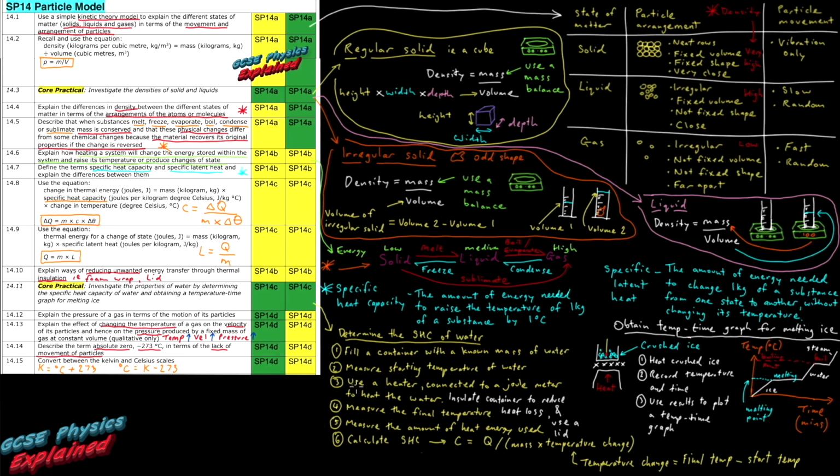For your 3rd mark, use a heater connected to a joule meter to heat the water. Measure the final temperature of the water. Measure the amount of heat energy used. Then calculate the specific heat capacity using C equals Q divided by mass times temperature change.